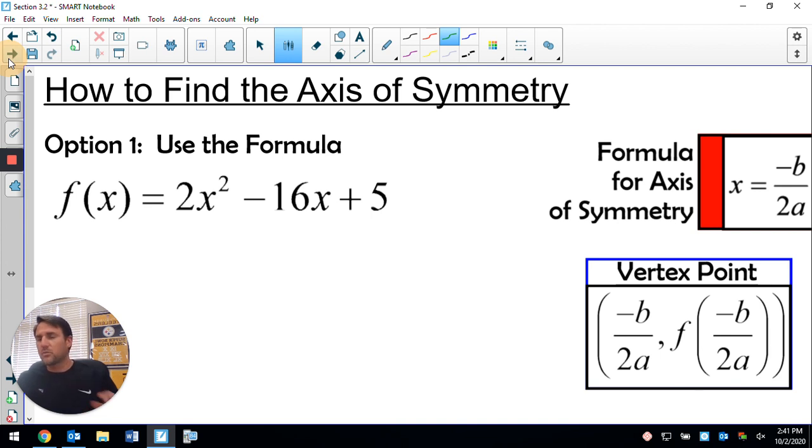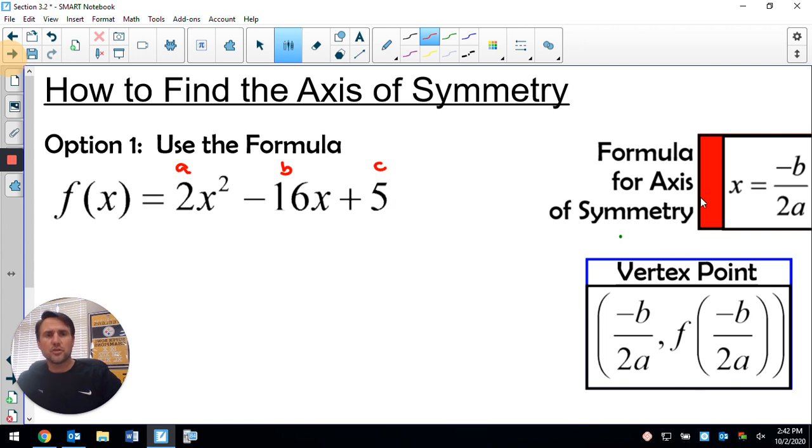Another option that we're going to look at is using a formula, and it's over here on the side, in red. It is the formula negative b divided by 2a. And remember, a, b, and c are just the numbers in our equation when our equation is in standard form.